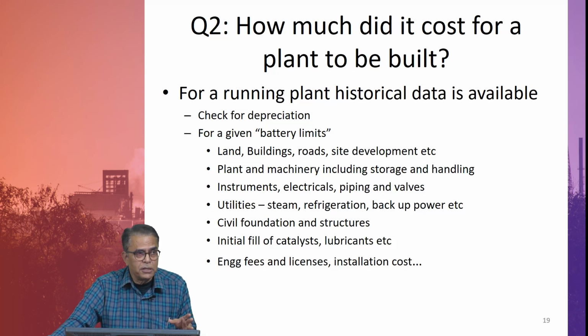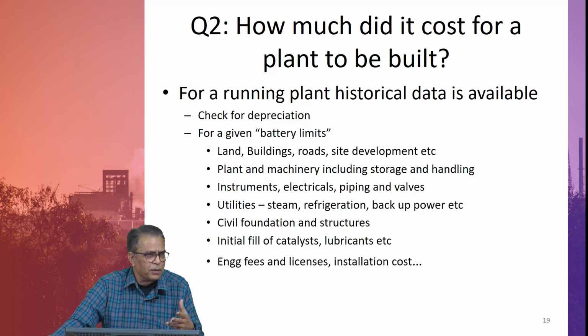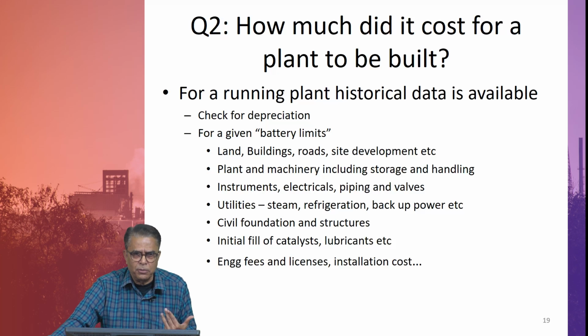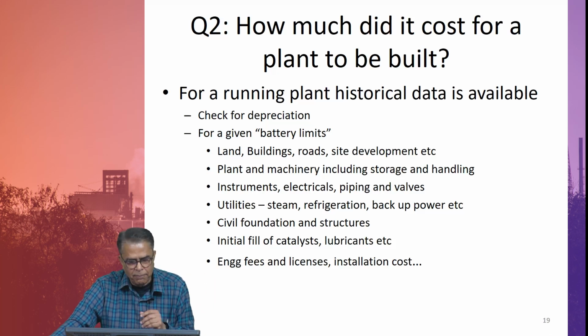Then instrumentation, electricals, piping and valves. They normally are not called plant and machinery because they are accessories to plant and machinery, but that is a huge amount, especially if you have a fancy process with high temperature, corrosion, what have you, where all fancy materials of construction are used. So electricals, utilities, piping, valves will have to be found, captured, and recorded separately.